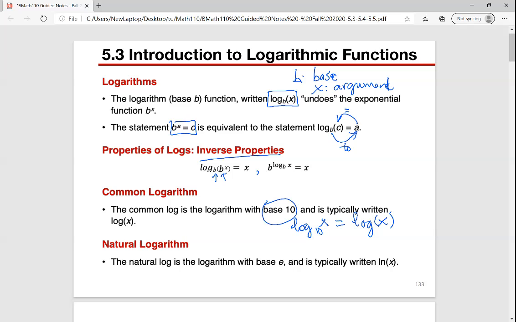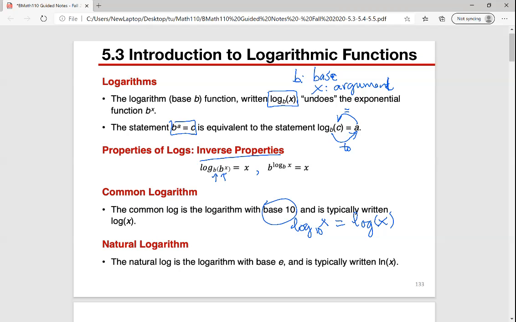Another one we call the natural logarithm, or natural log. Natural log is a logarithm with base e. e is the Euler number, a constant number, and it can be written as ln x.